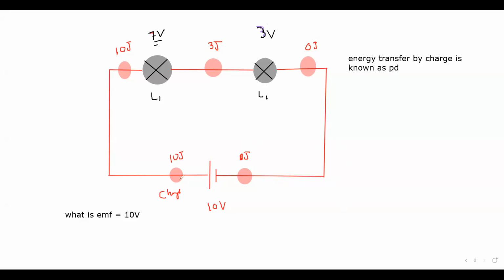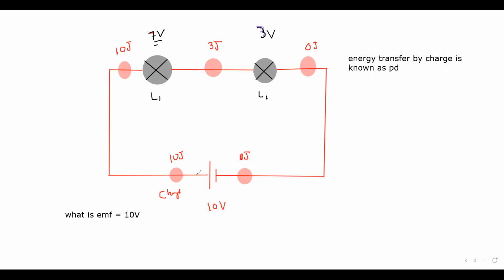So basically a charge enters the circuit carrying energy. When it passes through the component, it transfers its energy and returns back. The movement of the charge is known as current. When the charge has energy due to a chemical reaction, we call it voltage or EMF. When the charge transfers energy passing through the components, it is known as voltage or potential difference.